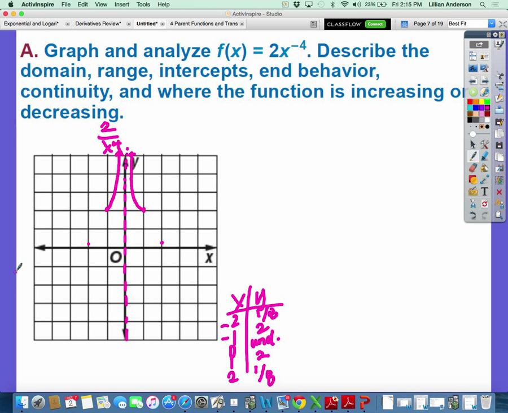It's going to get smaller. Is it going to get smaller into the negatives, or closer to 0? Closer to 0. So this is going to be a nice smooth curve. So it'll never pass. It's not going to cross or touch the x-axis.